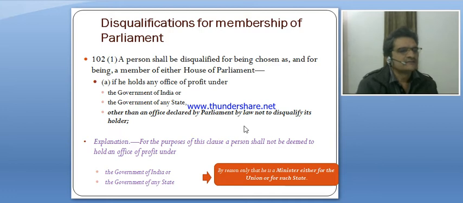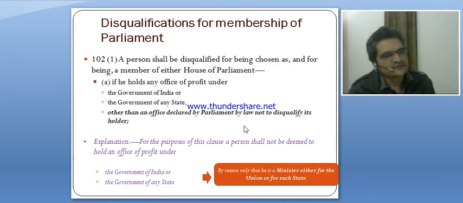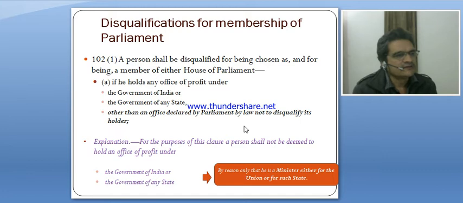Now, these are the important articles of the Constitution on which the whole debate and controversy emerges. Article 102 basically lays down when a person can be disqualified from being a member of parliament.